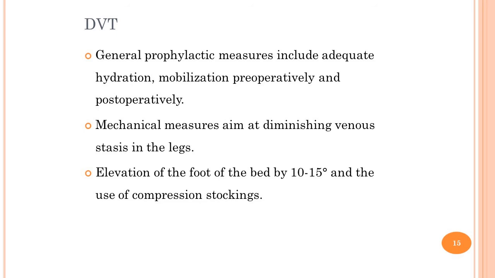To prevent deep vein thrombosis or other vascular complications, prophylactic measures like early ambulation, proper hydration, foot end elevation, or pressure stockings are advised to these types of high risk cases.